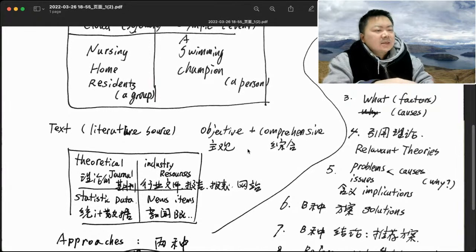A link from the summary, the factors, the causes, glued together with my analysis of the problem, the issue, the cause, the implication of a situation. Link them together using relevant theories in step 4.